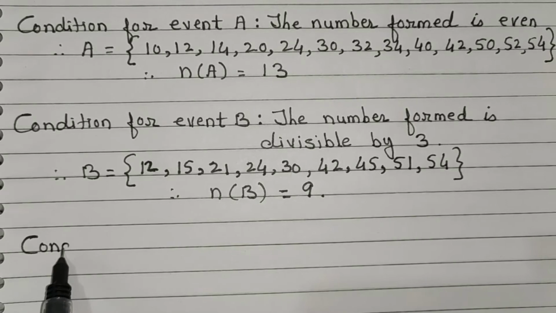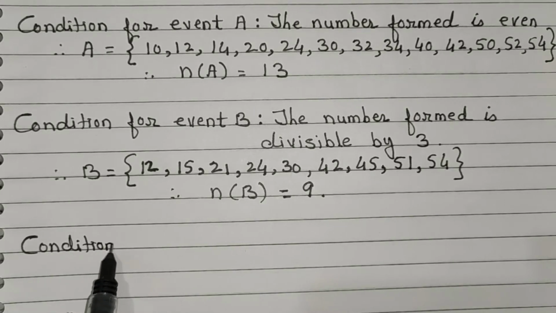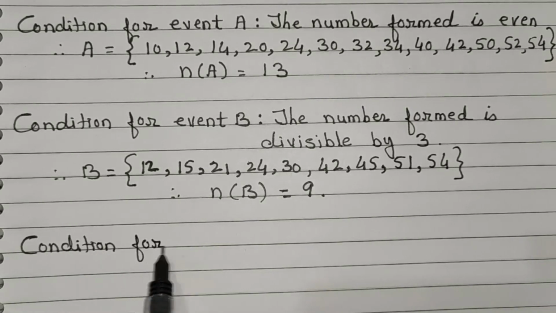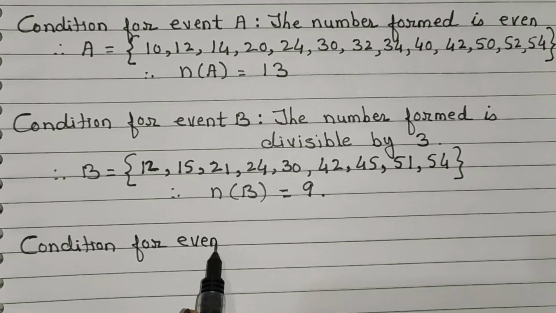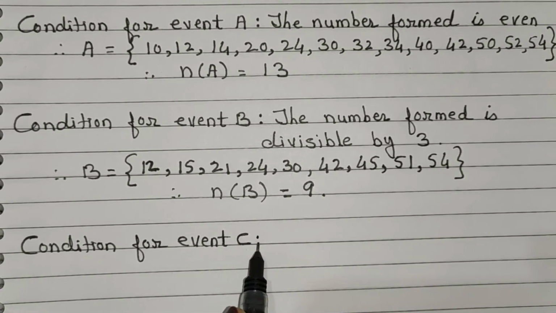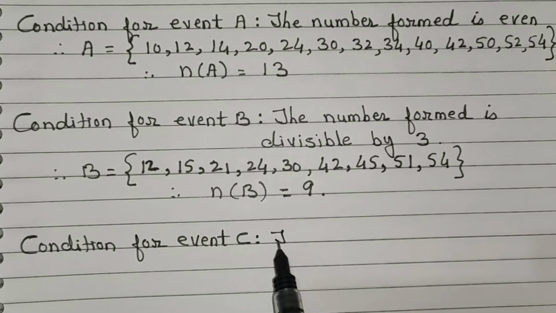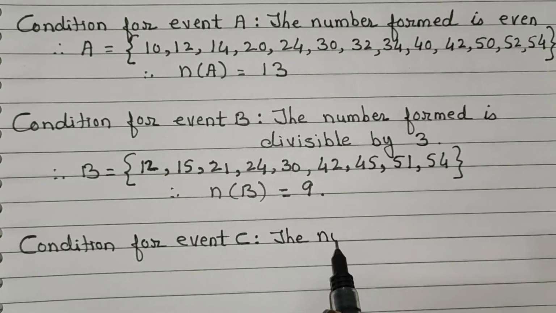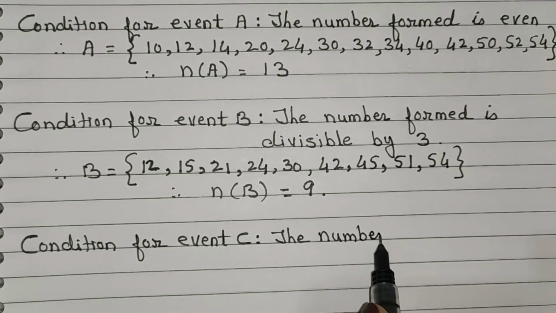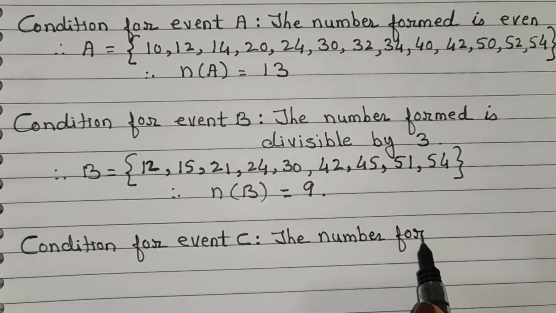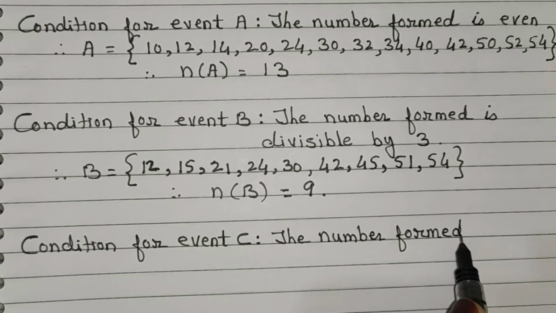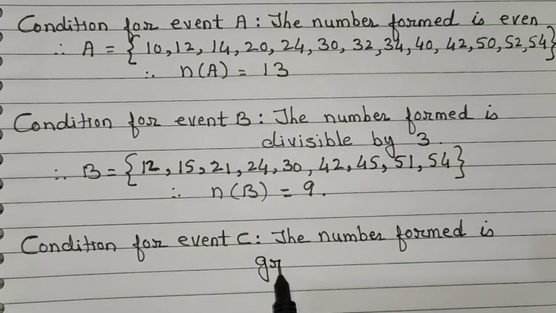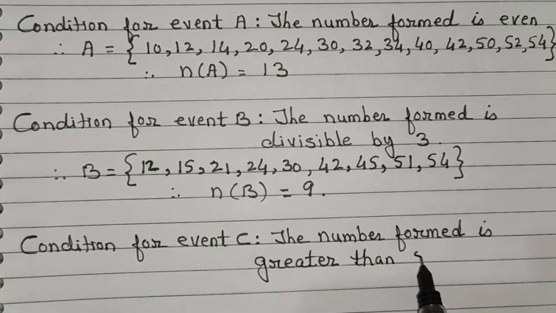Condition for event C: the number formed is greater than 50.